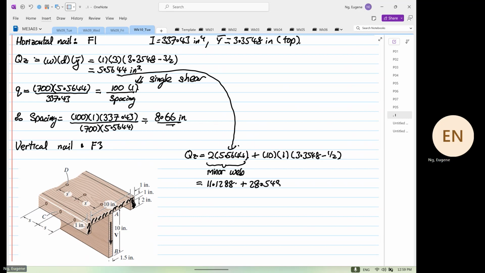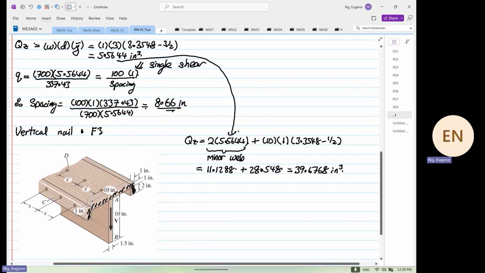Let me do it again. 3.3548 minus half times 10 times 1, 28.548. So this will be equal to 11.1288 plus 28.548. So it's equal to 39.6768 inches cubed.